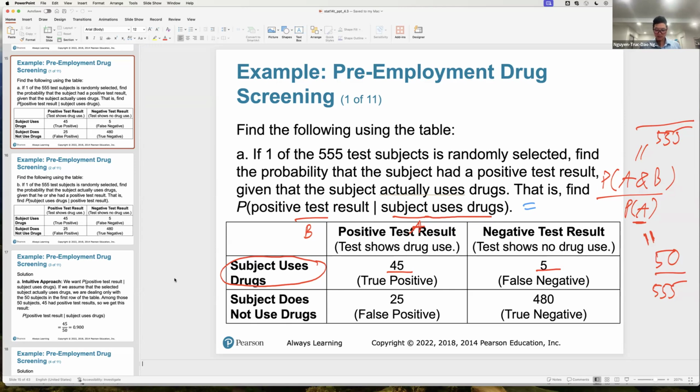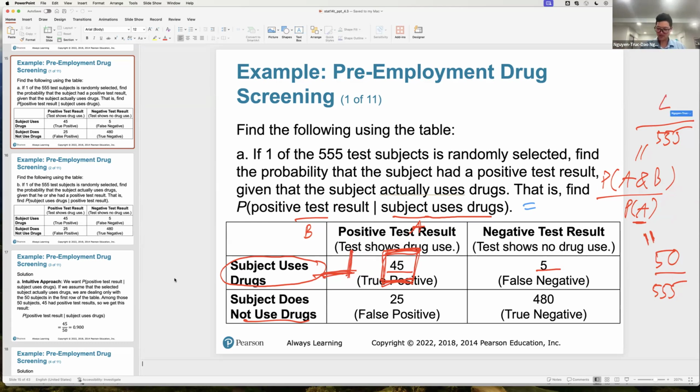And A and B here, that means let's find the number of positive test results among subjects who use drugs. This is the not use drugs, right? Positive result. Look at this one. This is positive test result and drug usage. So this is going to be at the intersection of both the column and row here.